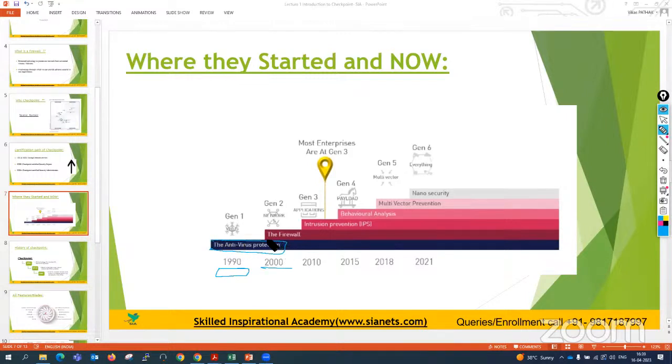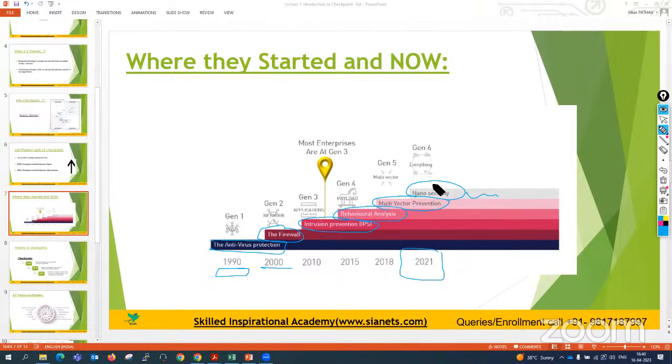In 2000, they started with the firewall actually. And so on. Then they launched IPS, behavioral analysis, and multi-vector prevention. Now they're working on nano security. In 2021, they published that their agenda is going with nano security.